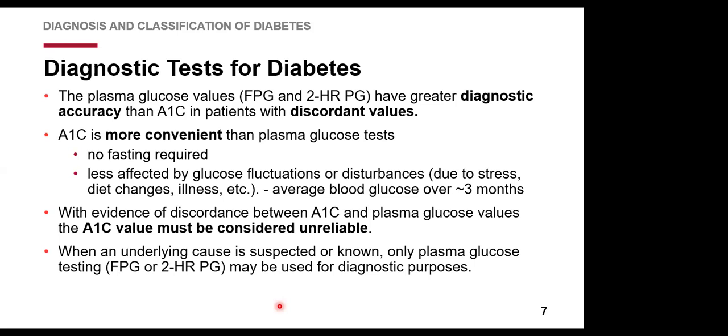But like I said, if there is evidence of discordance, then you take the plasma glucose values. When an underlying cause is suspected or known, then blood glucose values can be used to diagnose.